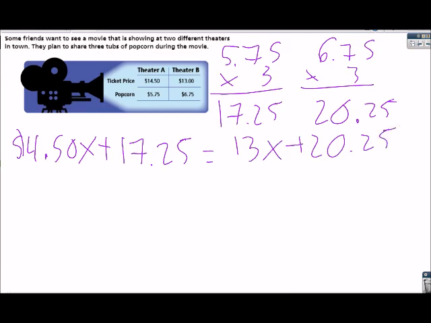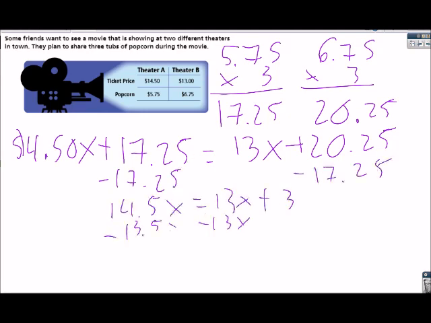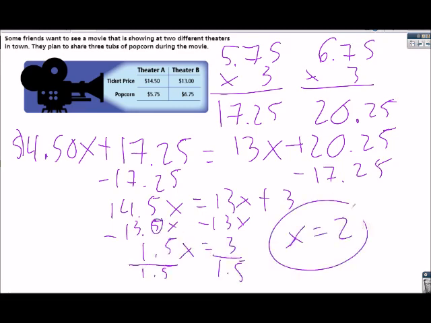So then we could say, how many friends can we invite and it still be the same cost no matter what? So what I'm going to do is subtract from both sides. And I get 2. So they are the same cost if 2 people go, no matter which theater they go to. However, if they go to one or the other, it would be cheaper based off of that.